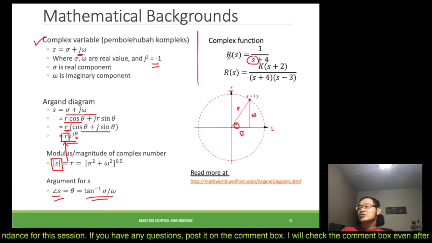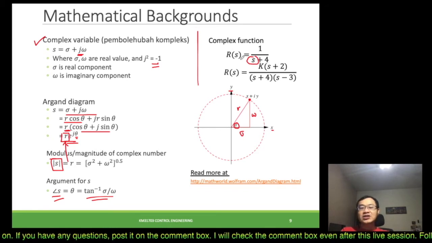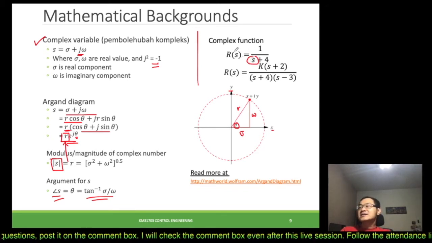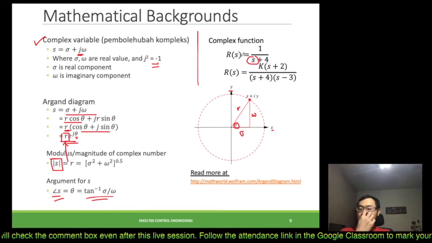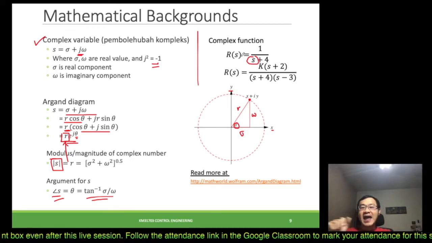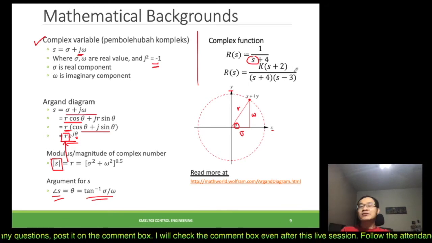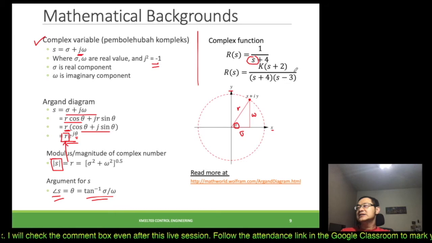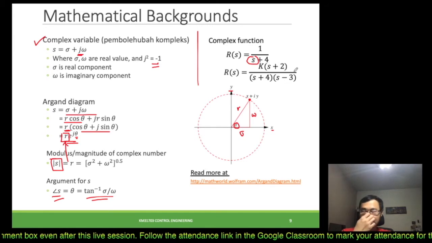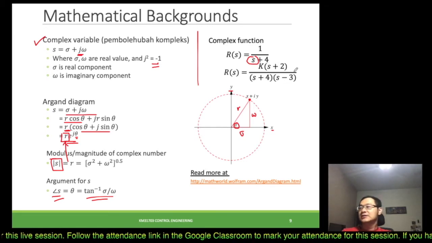So we will have complex functions as functions of a complex variable. Here we will use s instead of x. We will have a lot of fractions in this course to represent the transfer functions.